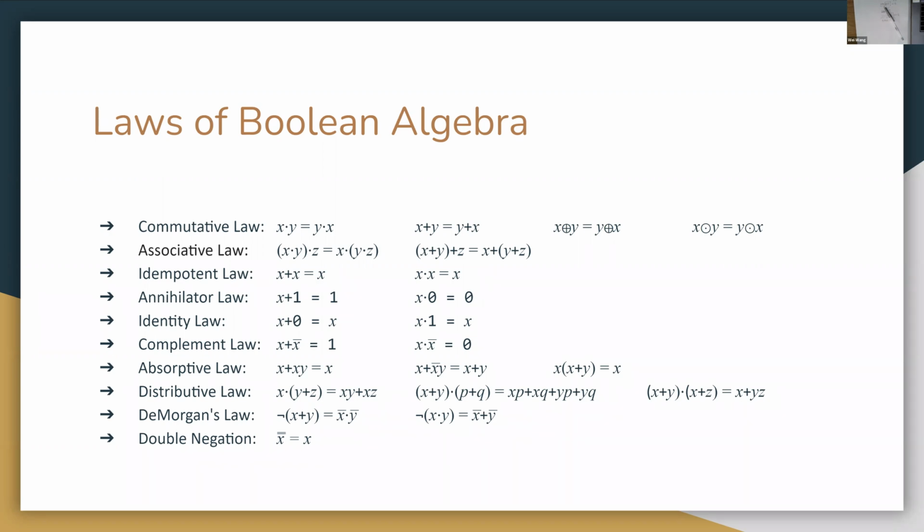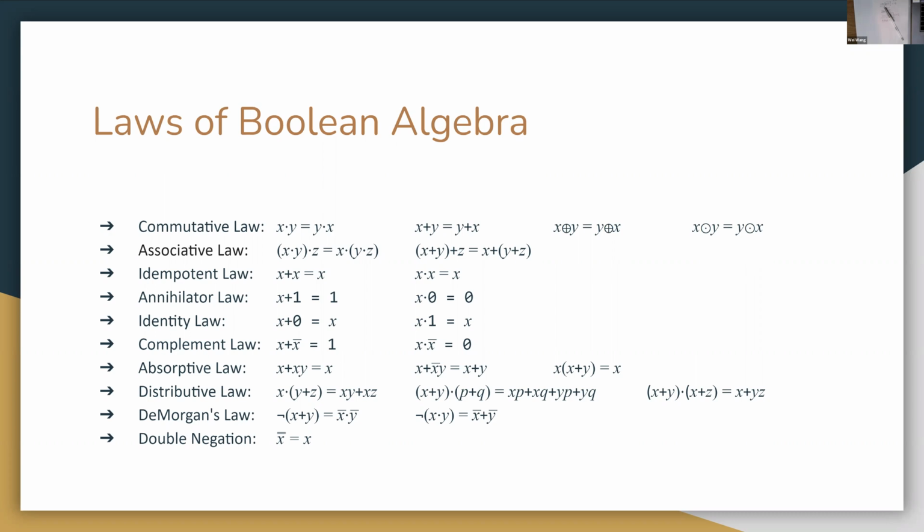Commutative means if you have X and Y, and you switch the two operands, Y and X, the result is the same, right? And so for OR, for XOR, for XNOR, they all have this characteristic.